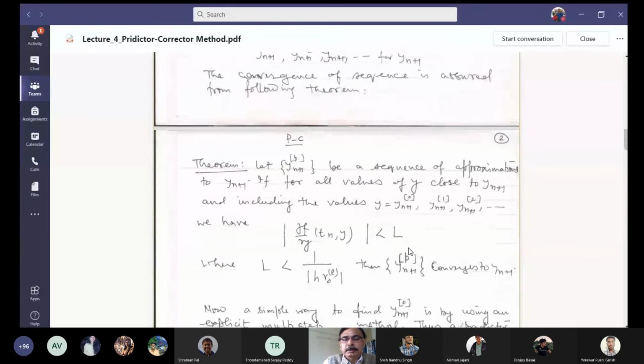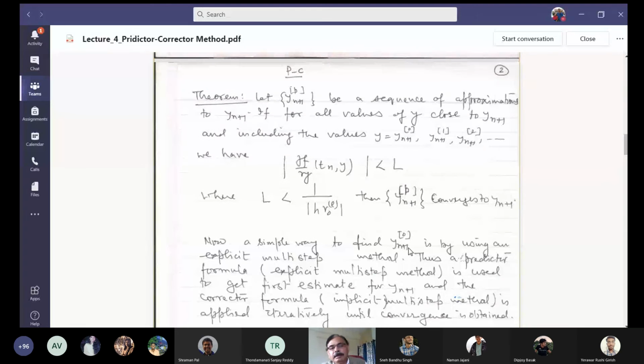Here is one theorem which guarantees that convergence is there. I'm just reading it out. Let y_{n+1}^{(p)} be a sequence of approximations to y_{n+1}.